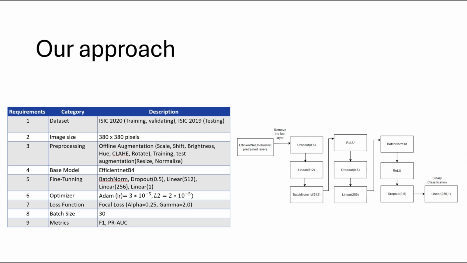Because of that, we remove the last layer, the fully connected layer used for classification, and add three more layers through a dropout, linear layer, and batch normalization, so we can scale it back to a binary classification model, which is 1 for melanoma and 0 for non-melanoma. This process allows us to optimize performance without the cost of training a large model from scratch.